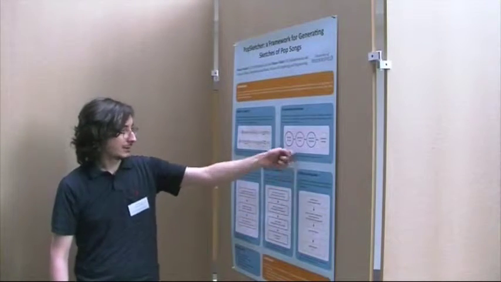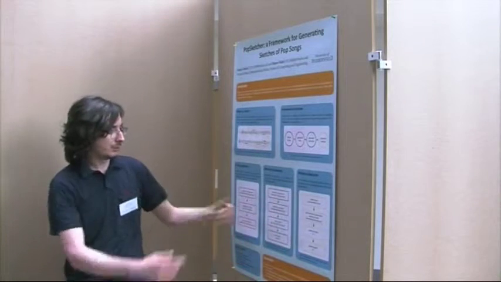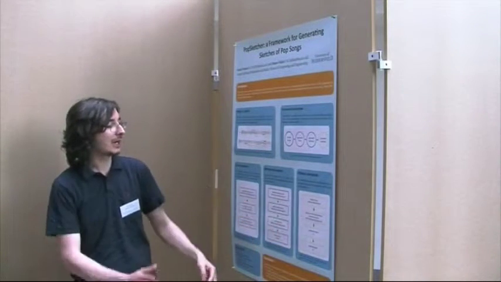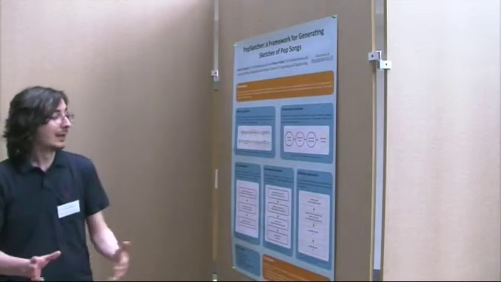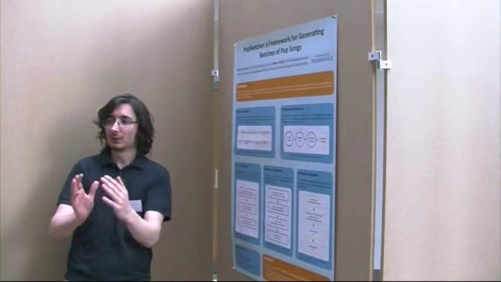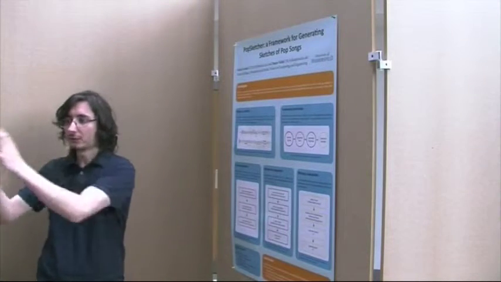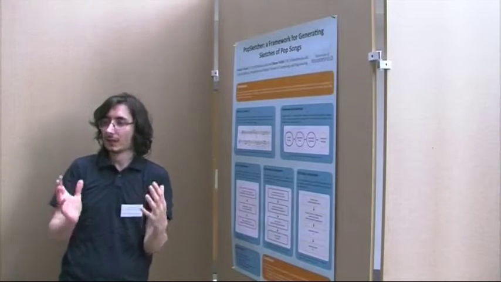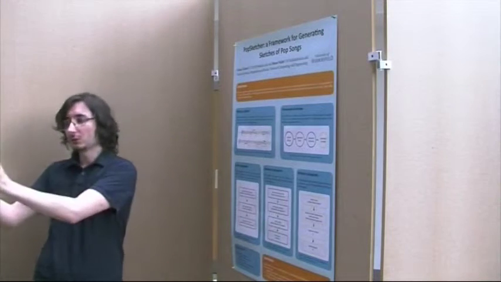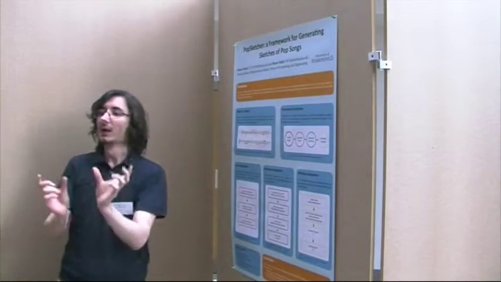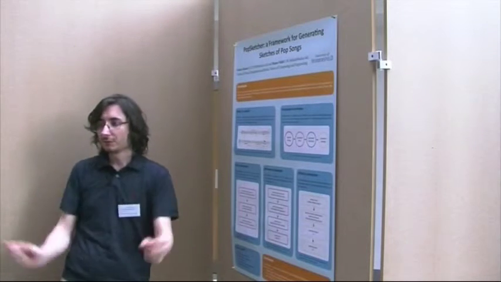Then the subsystem moves to the next step, which is to decide the melodic relationships between different phrases. So in a verse, of course, you are going to have different phrases, and you should decide which phrase is similar to which other phrase, or whether two phrases are different or similar.